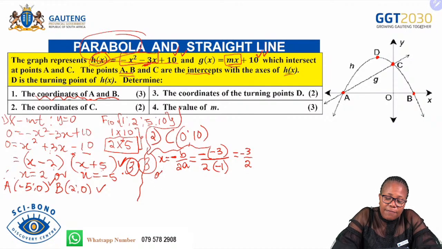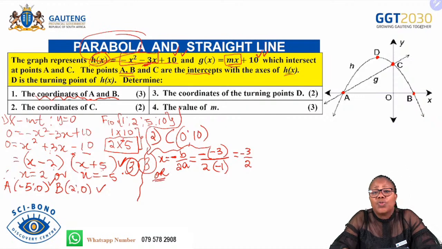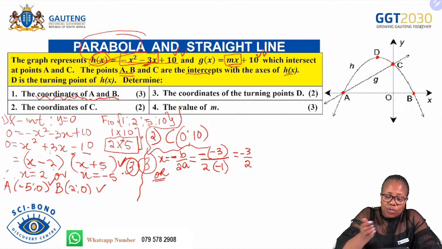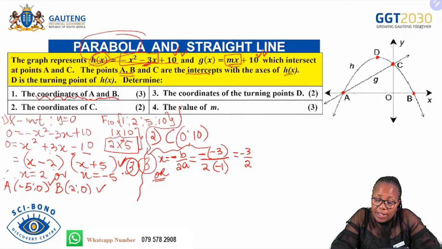Or secondly, if you don't use that method, you can use the analytical geometry midpoint. So now remember we have A here as being minus 5 and 0, and then B there as 2 and 0. And then if we look at the x turning point, we are taking the middle point of the two.